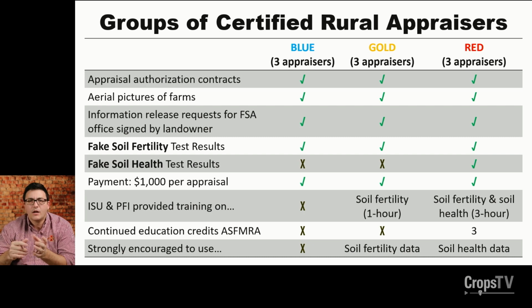In addition to that, we provided soil health training for the red team. So the red team received 3 continued education credits from the American Society of Farm Managers and Rural Appraisers for going through this 3-hour training.